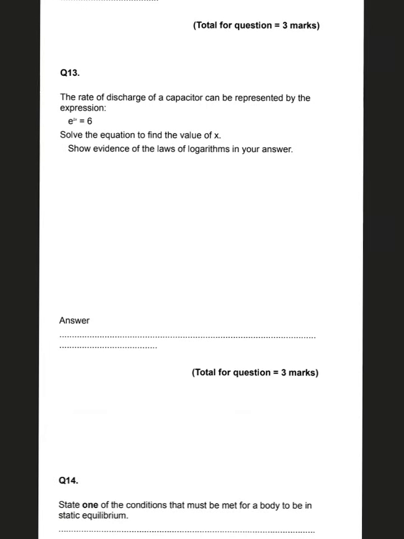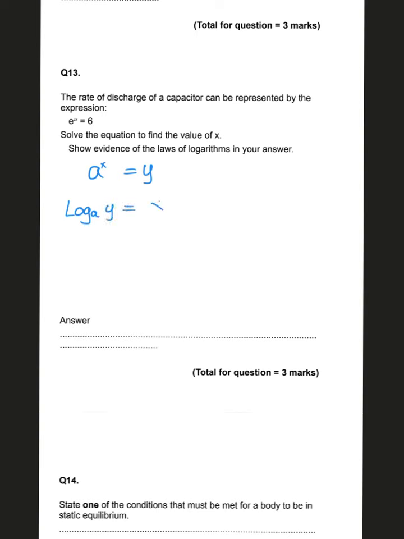Now we're on to question 13. The exponential log question. So, if you think back to your logs, generally what we're told is where we have a^x is equal to y, that we can rewrite this as log of base a, y is equal to x.